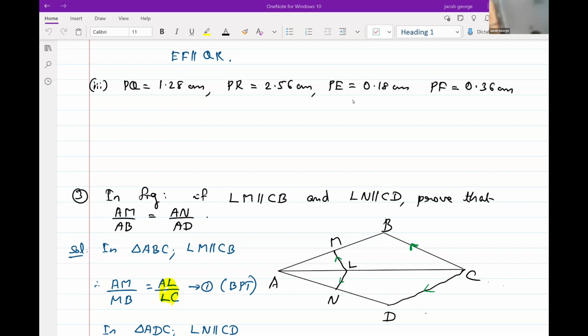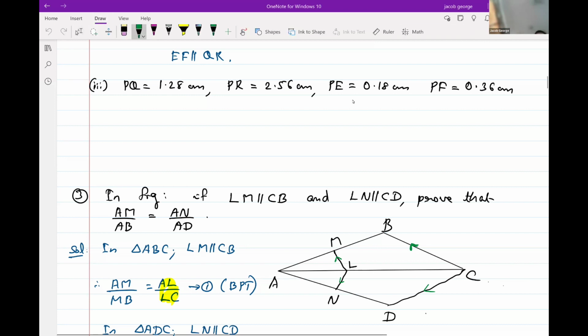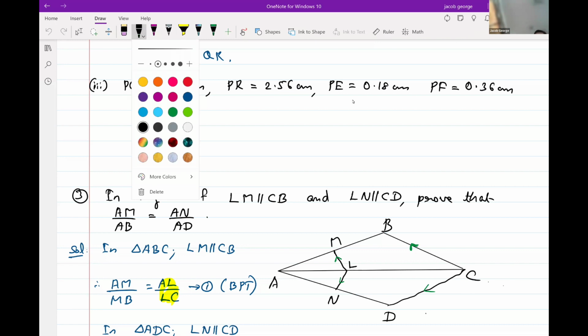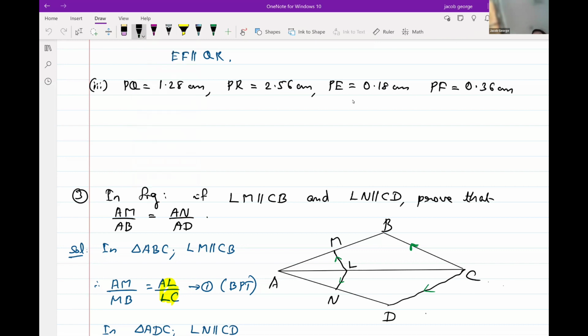So children, this question is an application of converse of BPT. So we will draw like this. We have to draw a diagram and name the triangle.